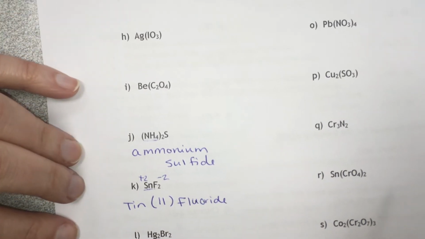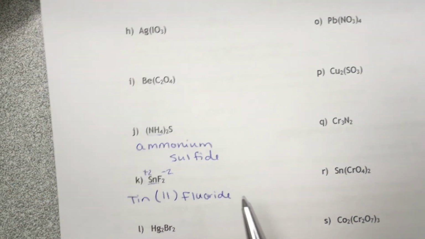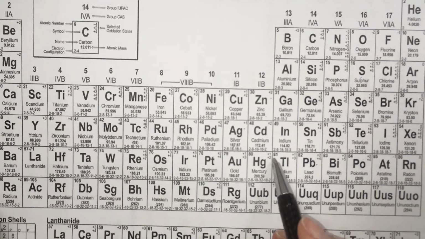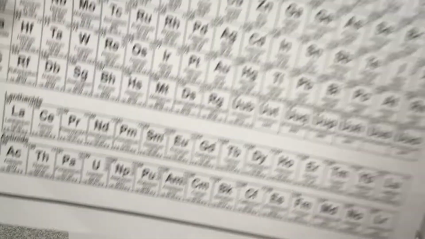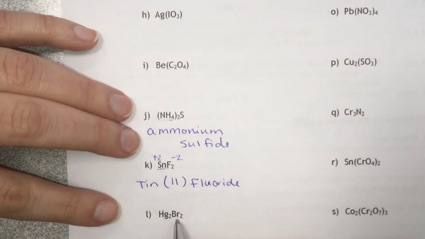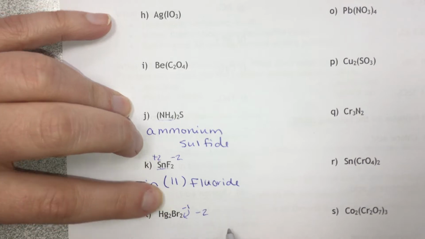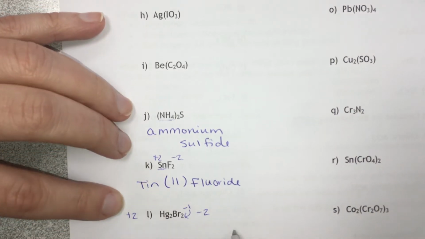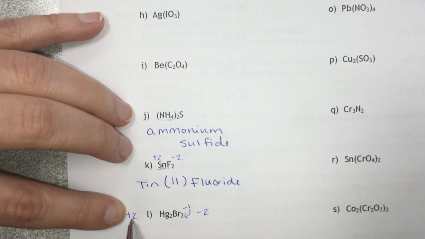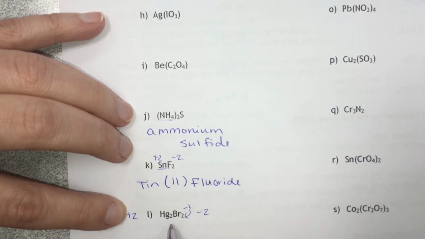Okay, mercury, same thing. If you look at mercury, it can hold 1 or 2 charges. So bromine, or bromide, has a -1 charge. There's 2 of them. So altogether, this side is a -2, so this side has to be +2. So a +2 charge has to smear out between both of these mercuries.